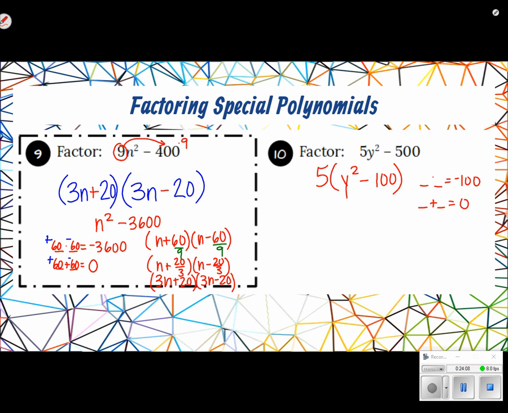And that might be where your brain goes. Negative 10 and positive 10, right? That works out. Or your brain may now go into, hey, there's two parentheses, the square root of y squared is y, the square root of 100 is 10. We need one to be a plus, the other to be a minus.